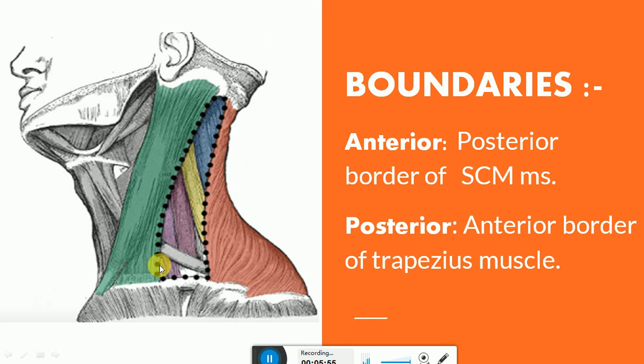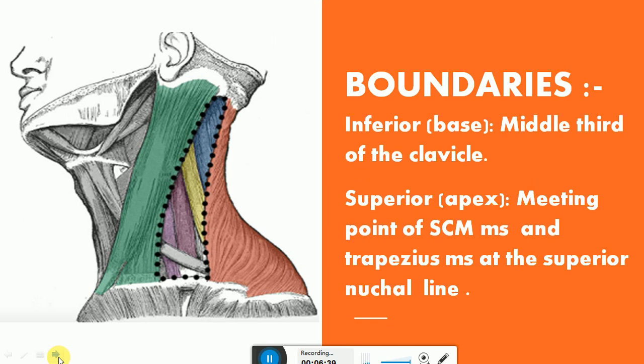So the anterior border of the triangle is formed by the posterior border of the sternocleidomastoid muscle, and the posterior border of the triangle has been formed by the anterior border of the trapezius muscle. So these are the 2 borders.